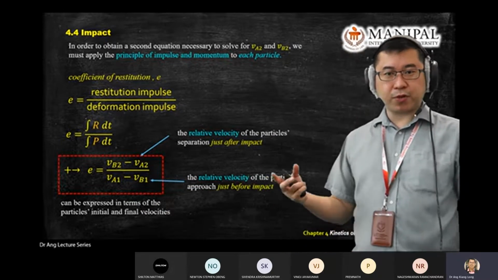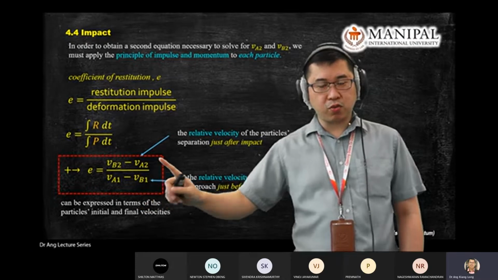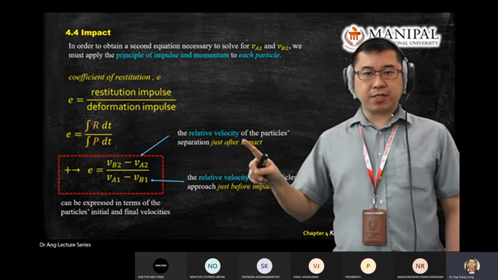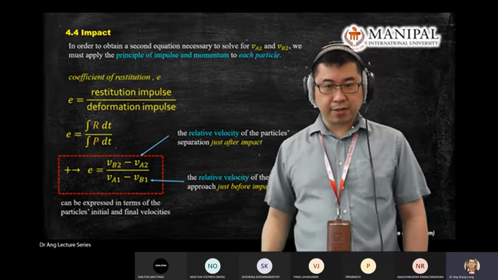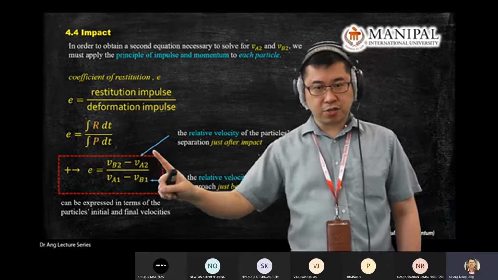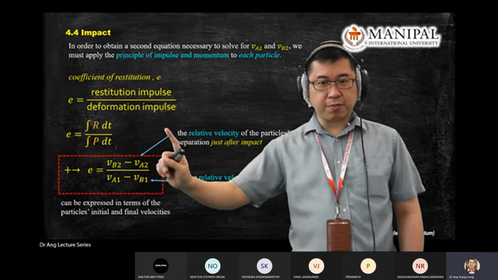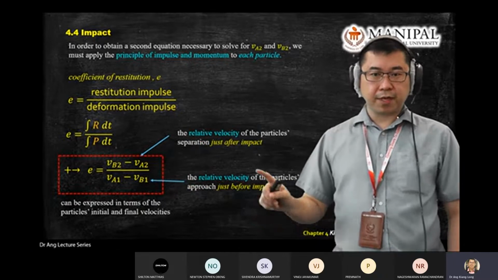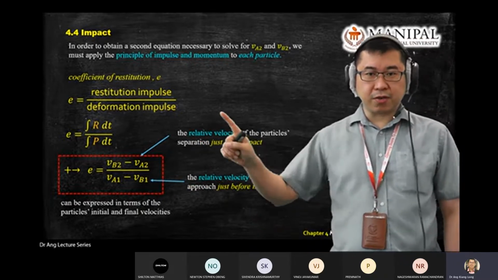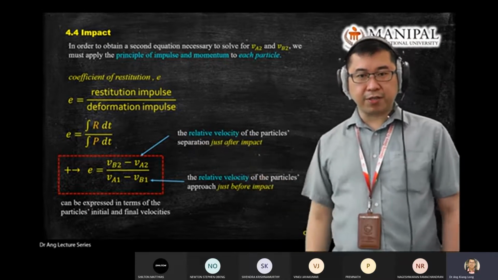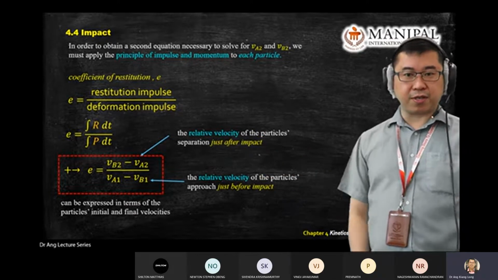The question won't say so direct. Sometimes the question will just state find the relative velocity after impact. It just means that find the differences between the first object and the second object after impact. Just take note of the meaning of relative velocity, or you can say a difference velocity.